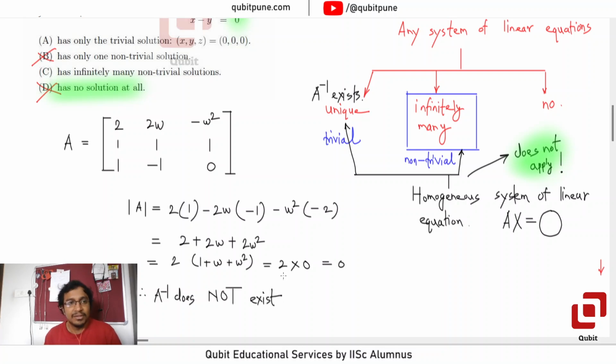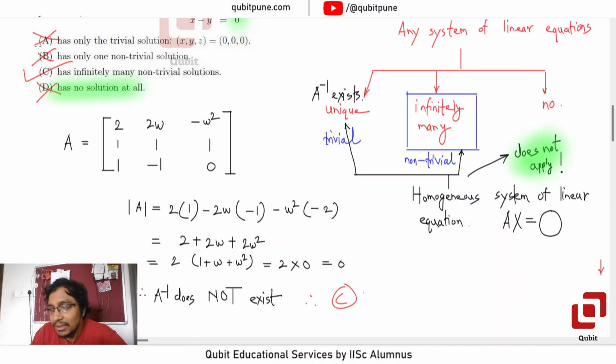So which solutions exist? Infinitely many non-trivial solutions. So C. A will not. अगर determinant 0 नहीं आता तो A हो जाता. Okay, so that is option C, has infinitely many non-trivial solutions.